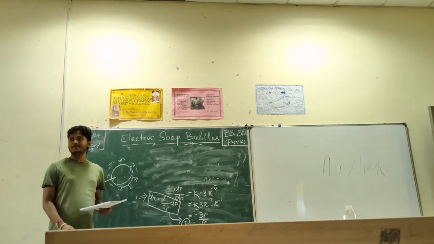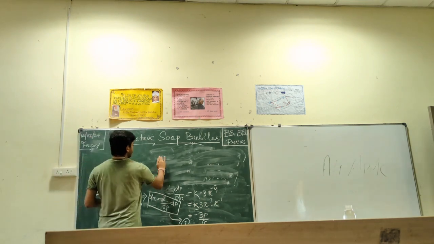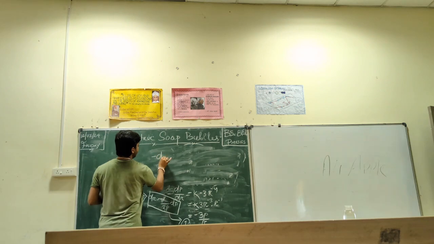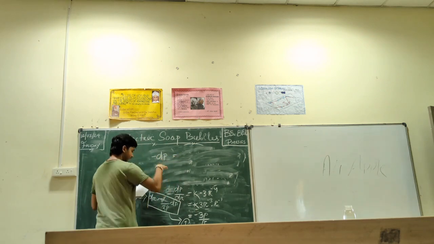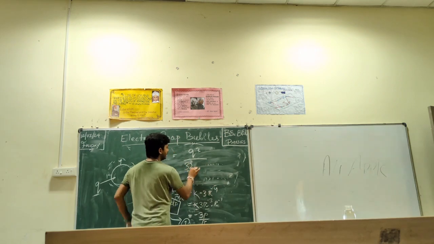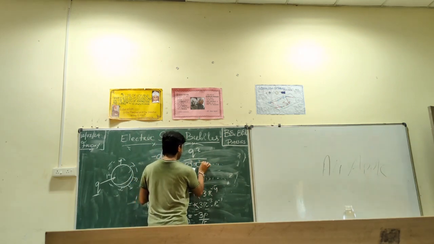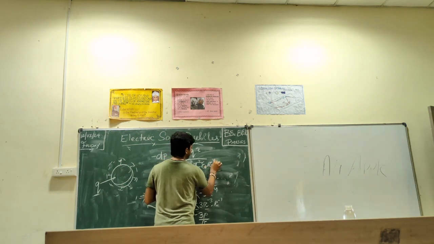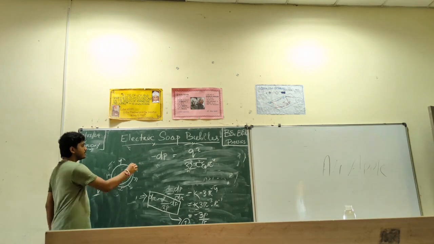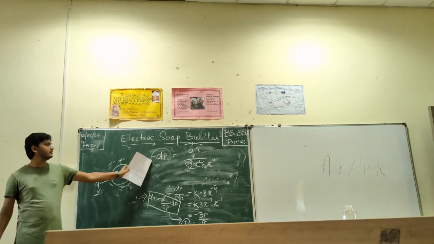So we know the decrease in pressure. What is the decrease in pressure? Okay, write like this. dP equal to plus, the decrease in pressure is minus, so minus is coming here.